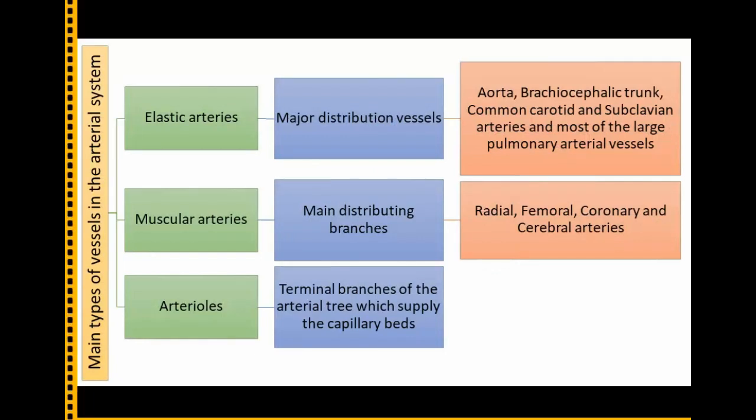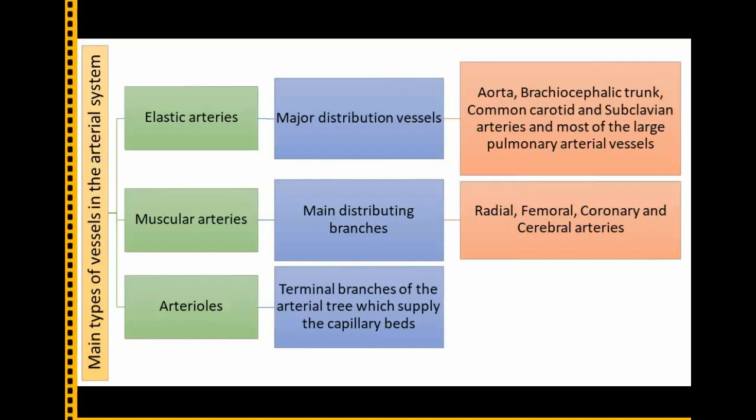These are the main types of arteries: elastic arteries, muscular arteries and arterioles. The elastic arteries are the major distribution vessels. They are the largest ones. You can see the aorta, brachiocephalic trunk and other large arteries are the elastic ones.